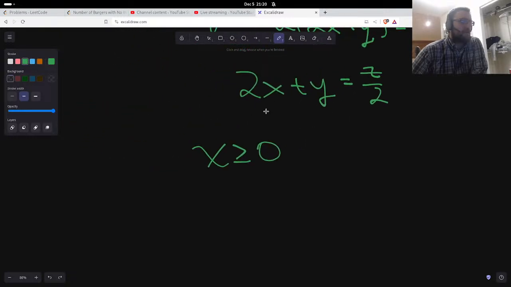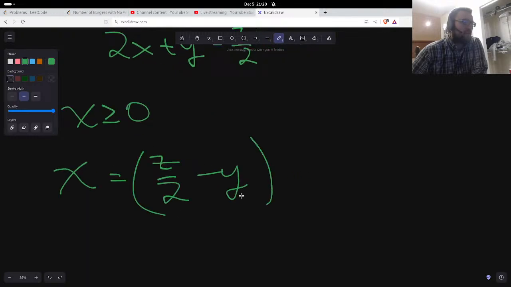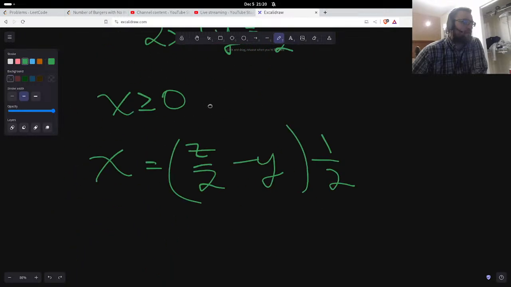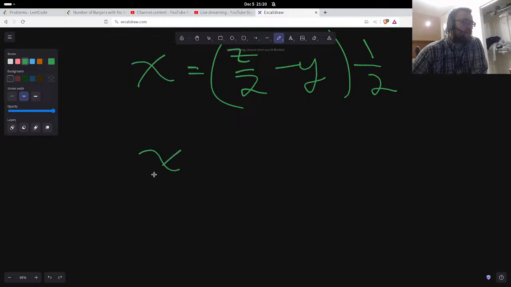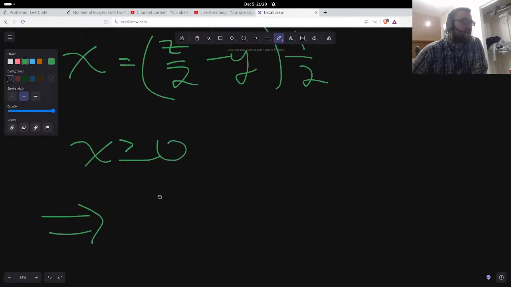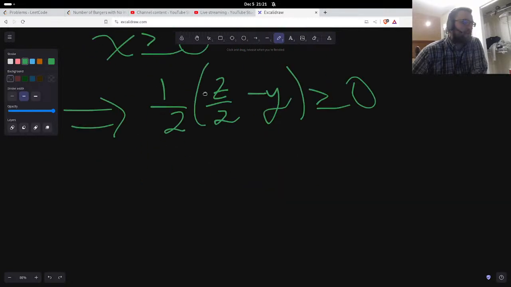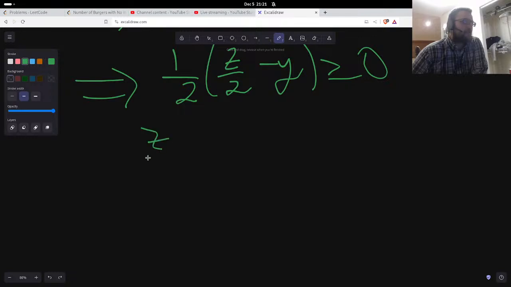So then I need to say x is z over 2 minus y over 2, right? And to say that is greater than or equal to 0 implies that half of z over 2 minus y is greater than or equal to 0, which gives me z over 2 is greater than or equal to y. Okay.